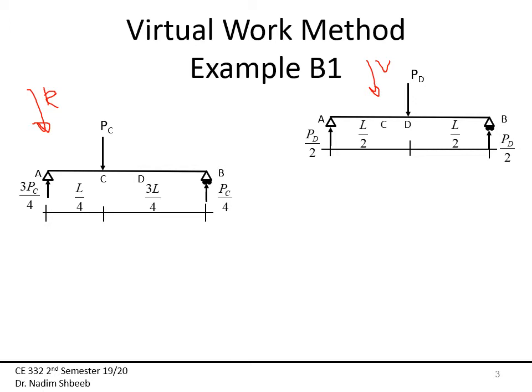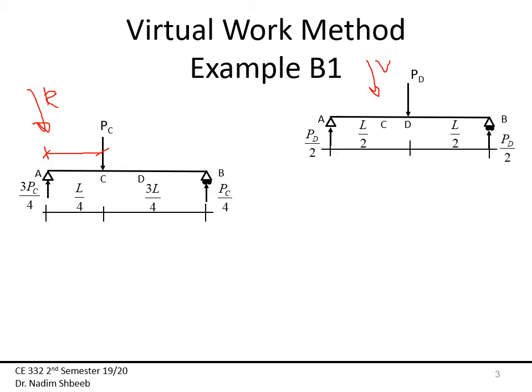So what do we notice here? We have what I would call three parts. First of all, this is going from A to C. Now, if I wanted to find the deflection under C, then my virtual force would be put on point C, and I would only have two sections, from A to C and then from B to C.